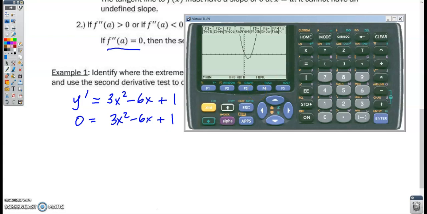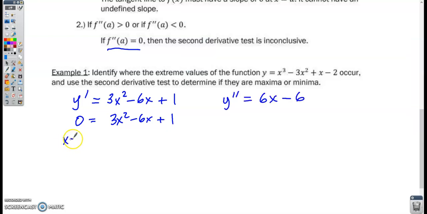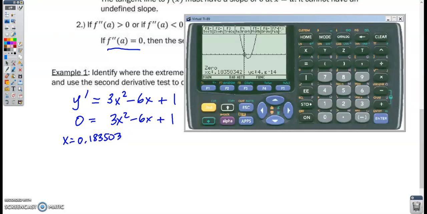There's the curve. All right, I need the zero command. And I get that it is at x equals 0.183503. I'm going to keep a couple of extra digits so that when I substitute into the second derivative, I get the most accurate answer that I can.